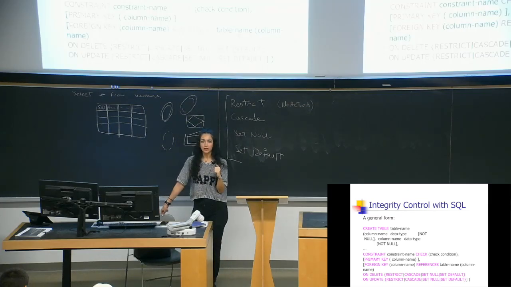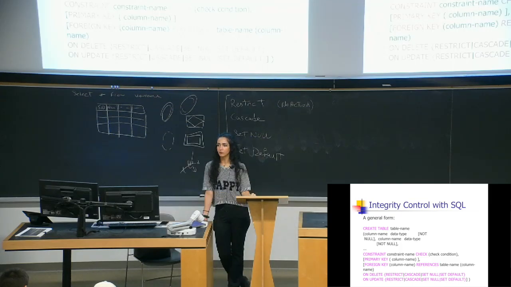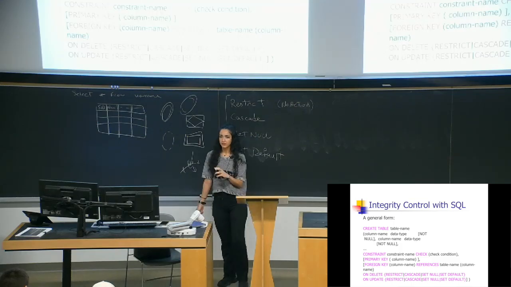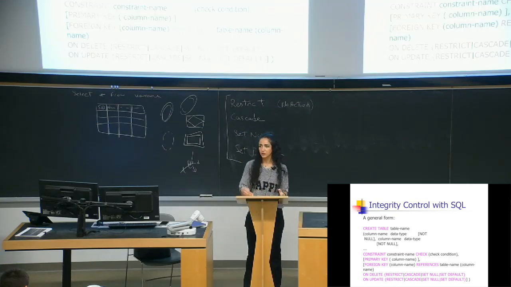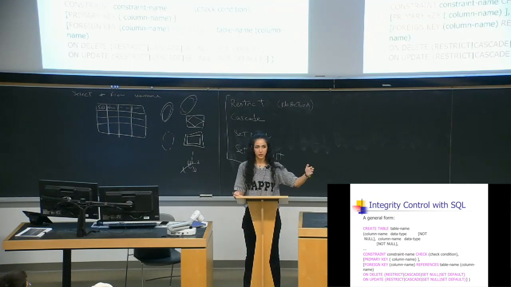It means you cannot remove or delete a department from the department table if we have an employee working in that department. So I'm not going to allow removing the ECS department because we have employee Mona working in the ECS department. Or I'm not allowed to remove a course if there are students enrolled in that course. You cannot remove ECS 3421 if there are students enrolled.